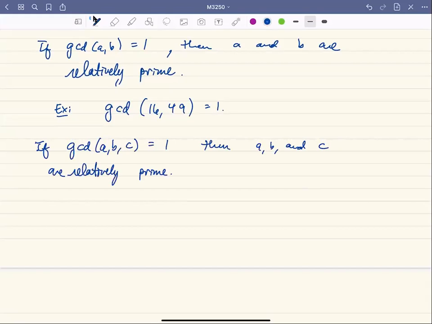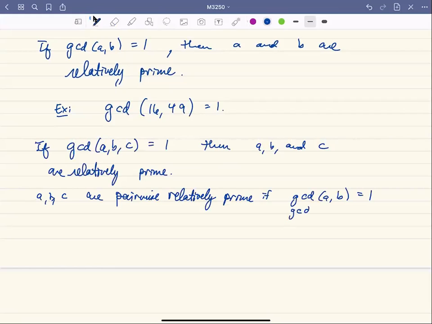This is in contrast to saying that the 3 integers A, B, and C are pairwise relatively prime. They're pairwise relatively prime if the GCD of all 3 pairs, there's 3 numbers here so we have 3 pairs, is 1.